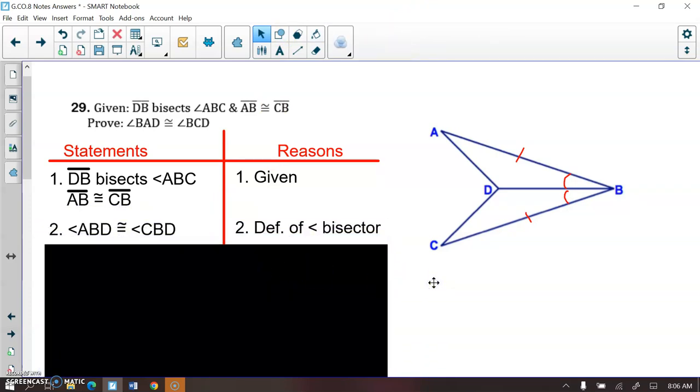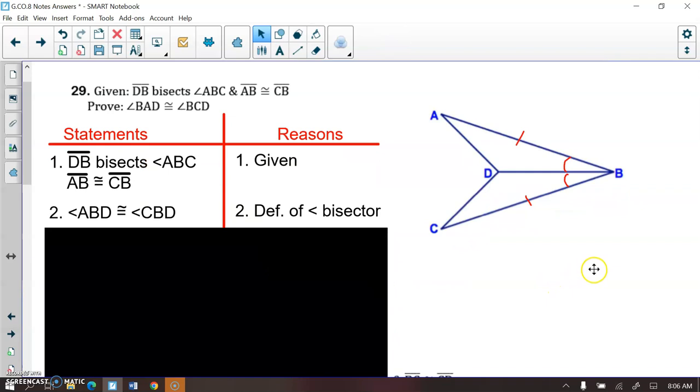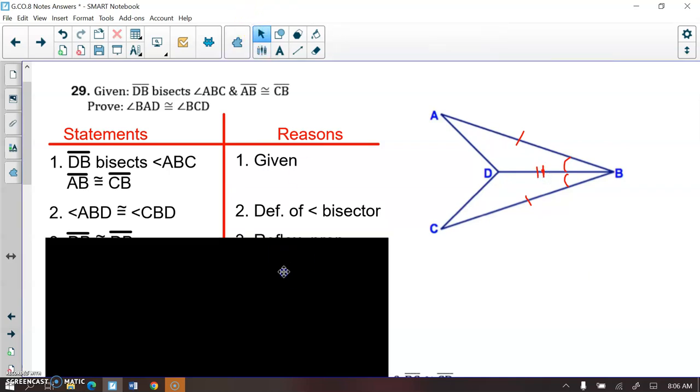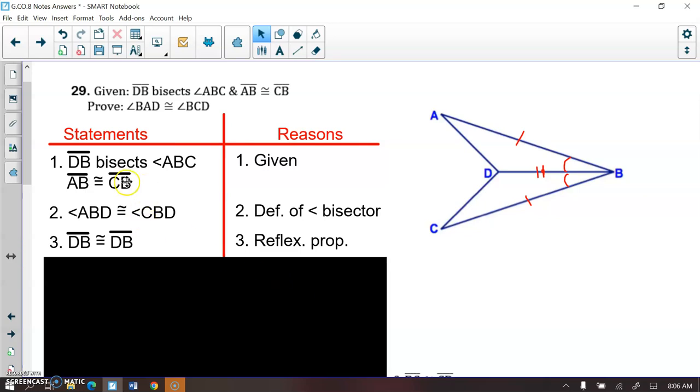That's the definition of an angle bisector. Also, if we look at these two triangles, they share side length DB in common. So I can say DB is congruent to itself by the reflexive property. Now that I said three parts are congruent in my proof on both of these triangles, I can say both of these triangles are congruent now.